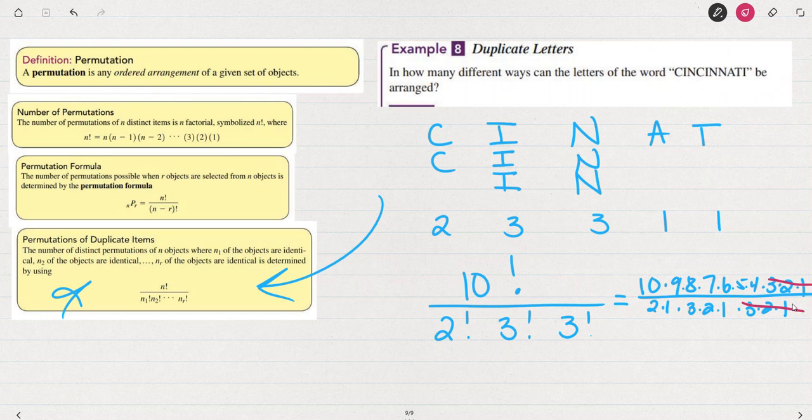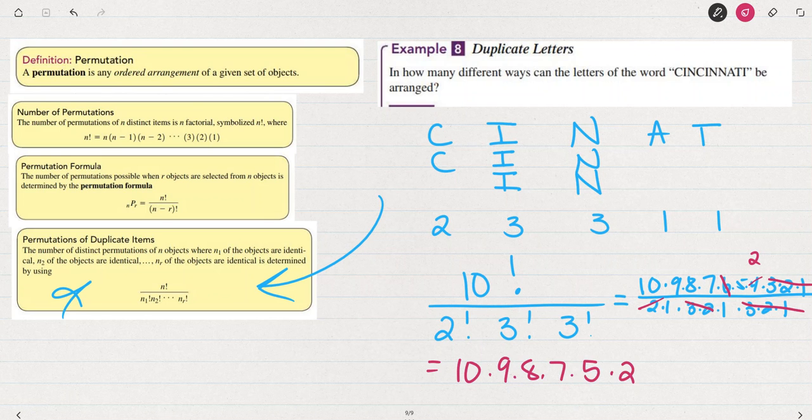Real easily we could reduce out the 3, 2, 1, but there's more we could reduce as well. Do you see the 6 here in the top? I could reduce the 6 by the 3 and the 2, and now I've got 10, 9, 8, 7, 5, 4. I could take the 2 and divide it into the 4. So what I'm left with is 10, 9, 8, 7, 5, 2.